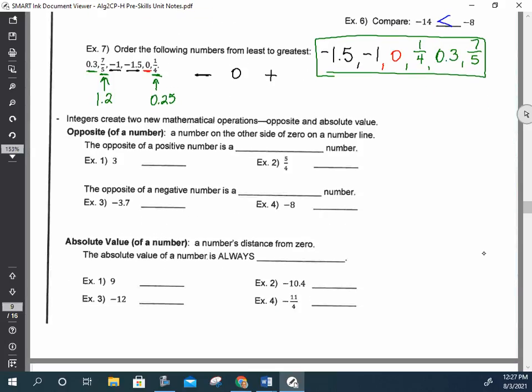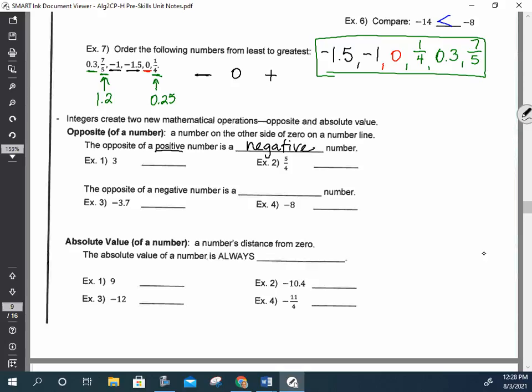Now, of course, integers create two new mathematical operations, that being an opposite and an absolute value. So the opposite of a number is simply the number that's on the other side of 0. Same number, just on the other side. So the opposite of a positive number would be a negative number.